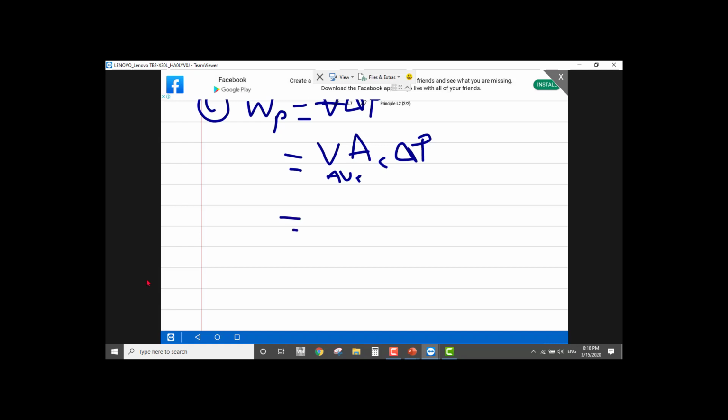And this is equal to 3 multiplied by pi times diameter 0.01 squared divided by 4, multiplied by pressure drop, 309.